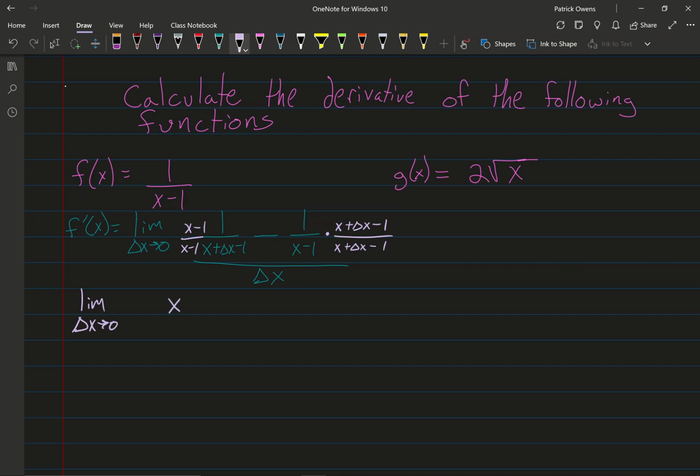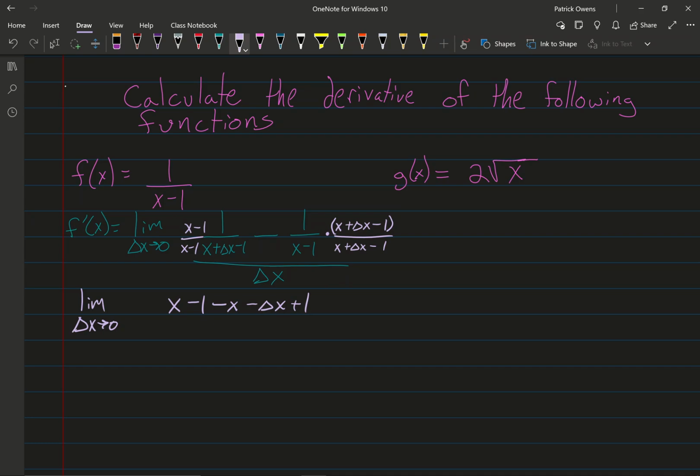What ends up happening from there, we still have our limit as delta x approaches 0. Our numerator in the numerator is going to be x minus 1, but since we're subtracting this entire piece, we need to change all of these signs. So it will be minus x minus delta x plus 1. And again, we can check our work with this.